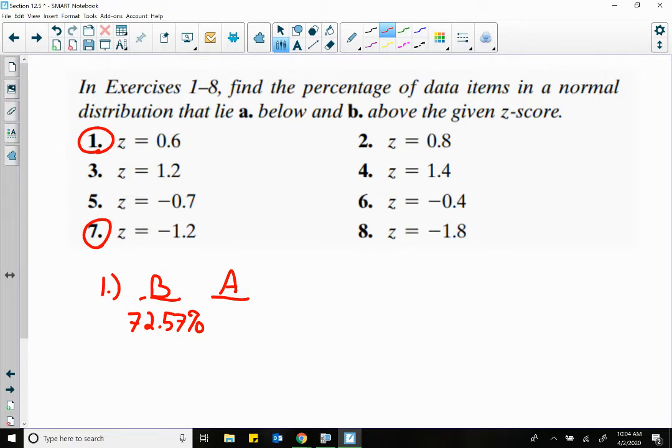As we talked about a second ago, to find the above, all we're going to do is take 1 minus 72.57. And you get an answer of 71.57.